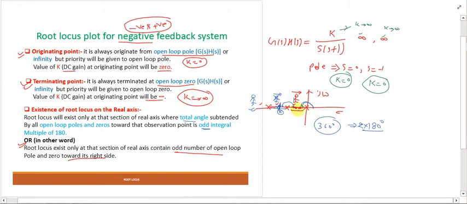Clear? Always remember, if I am standing here and on the right hand side there is an odd number of poles and zeros, then roots exist here. If there is an even number of poles and zeros, then roots do not exist in this region.